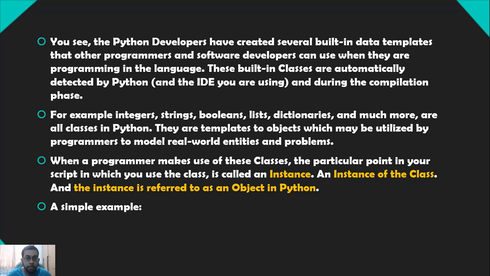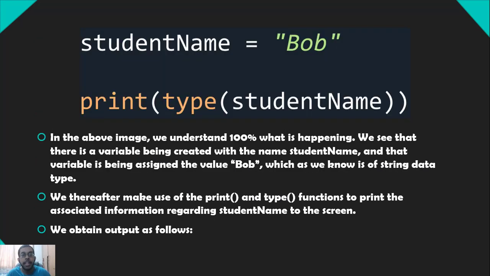A simple example: student_name = "Bob". print(type(student_name)). In the above image, we understand 100% what is happening. We see that there is a variable being created with the name student_name, and that variable is being assigned the value Bob, which as we know is of string data type.